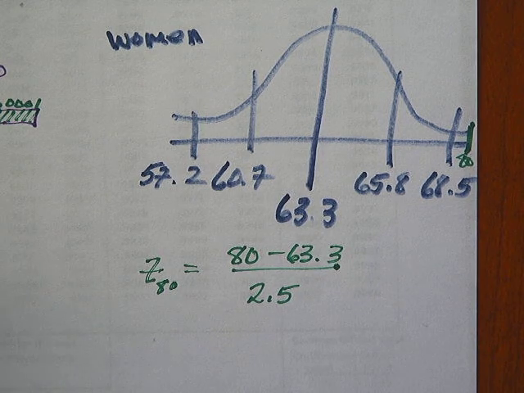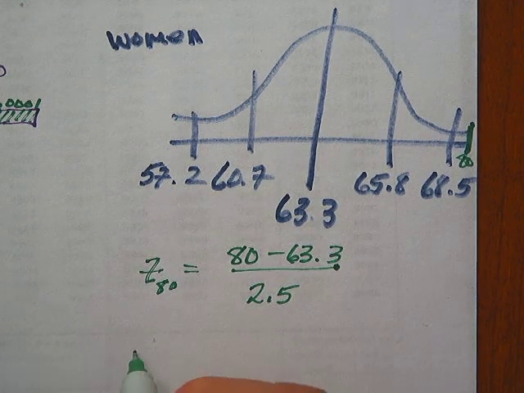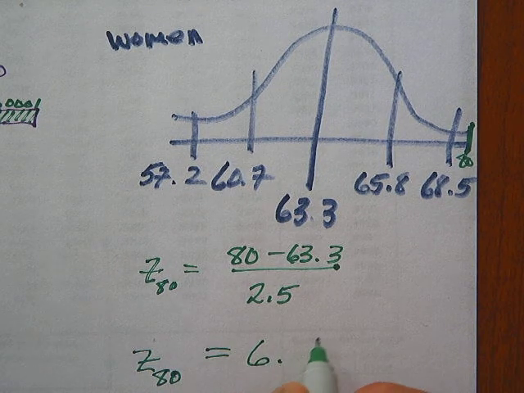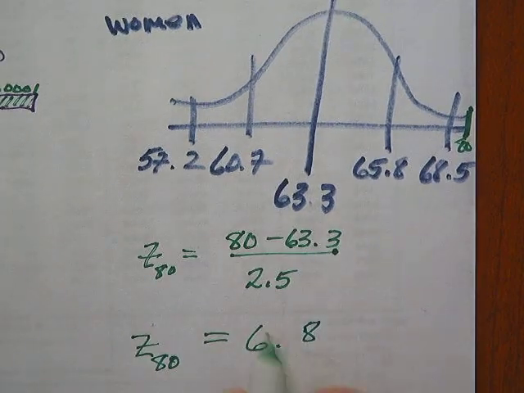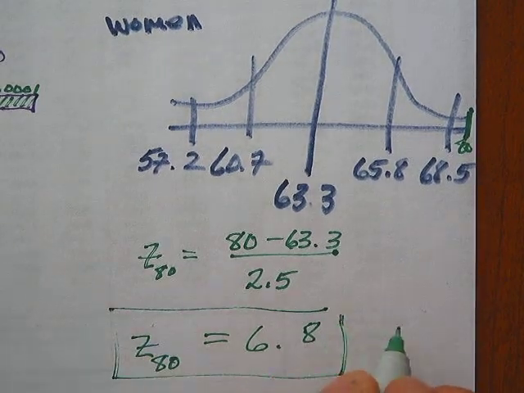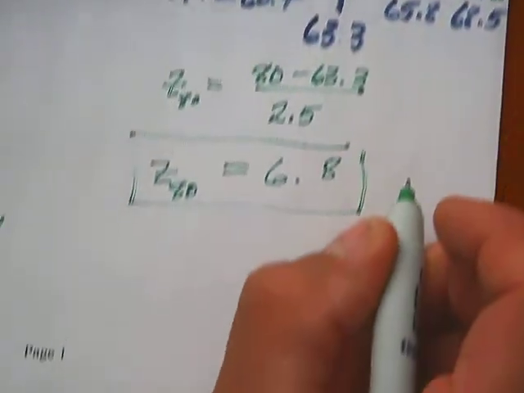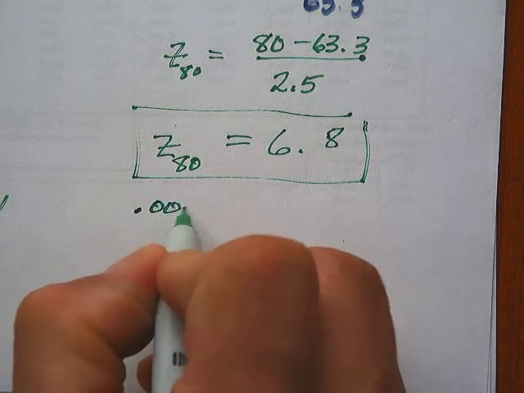Let's try it again. 80 minus 63.3, I think I might have hit the wrong button. There it is, divided by 2.5. 6.68, which is even further out than the men. And that's equal to 6.8. And 6.8 is more than 4.